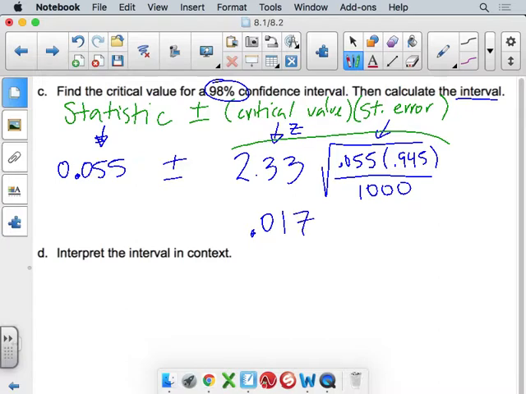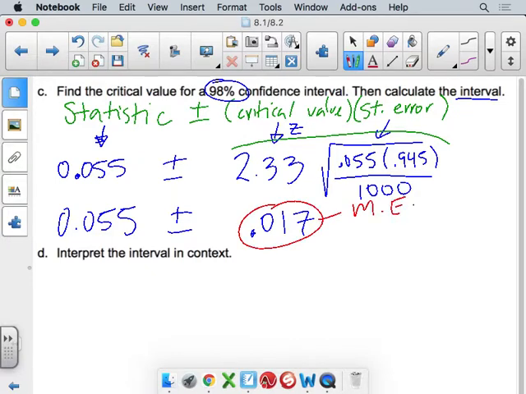Let's just go with 3 decimals since this one over here is at 3 decimals. So this right here is my margin of error, ME. And so what is my interval? I need to finish it up by doing 0.055 plus 0.017 and 0.055 minus 0.017.